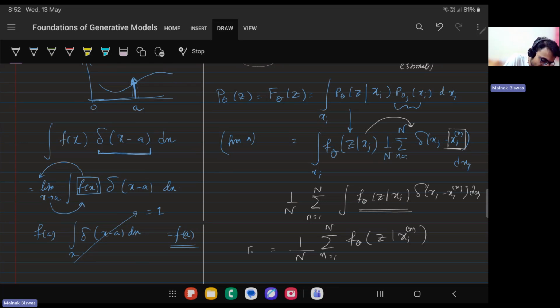So this is what we measured, that we write this as f theta j of z, right?